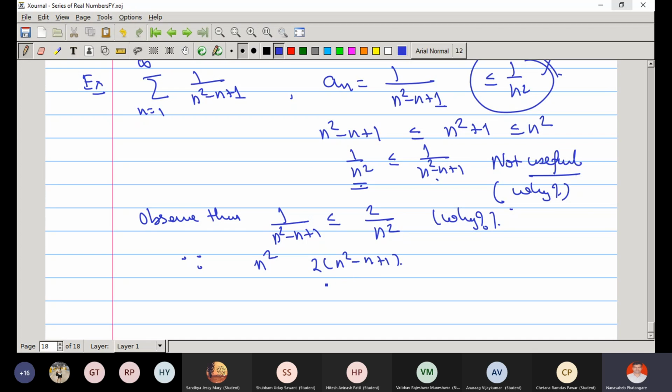Which quantity is smaller? n square is smaller. Right. Why? Do you understand the reason? Why smaller?